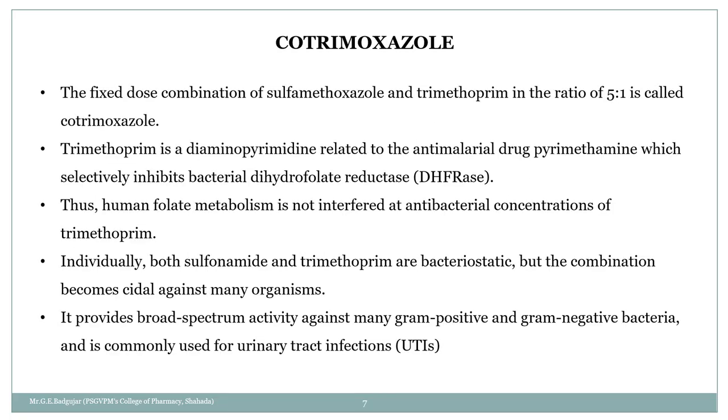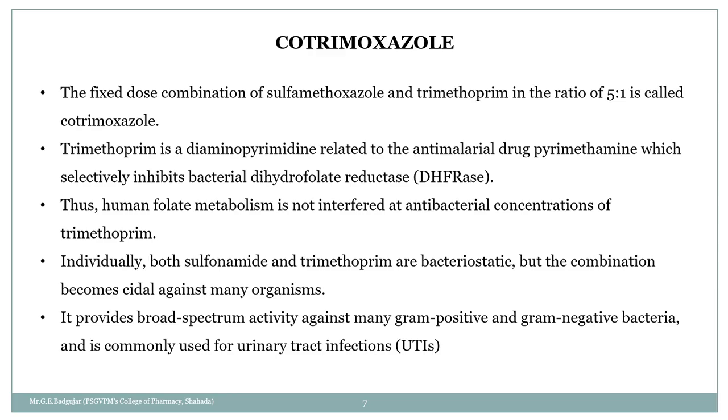Now the second topic of this video is co-trimoxazole. Co-trimoxazole is the fixed dose combination of sulfamethoxazole and trimethoprim in the ratio of 5:1. Trimethoprim is a diaminopyrimidine related to the anti-malarial drug pyrimethamine, which selectively inhibits bacterial dihydrofolate reductase.